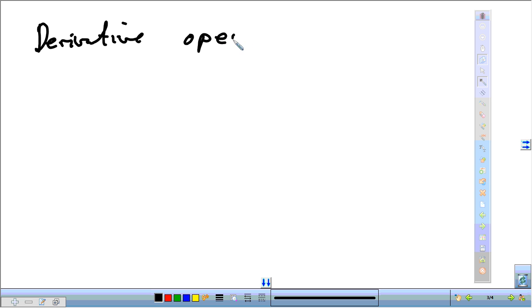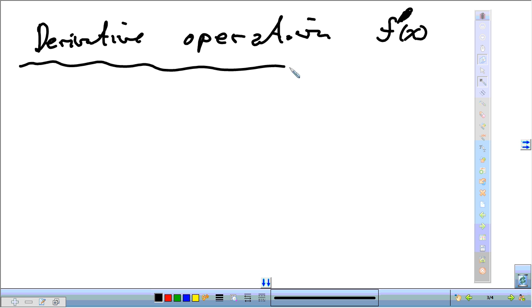Now let's take that back to derivatives. So the operation of doing a derivative, or given f, computing f prime. Let's intersperse that with some other operations.